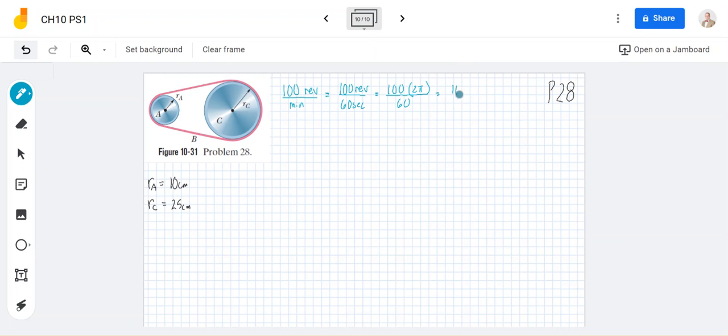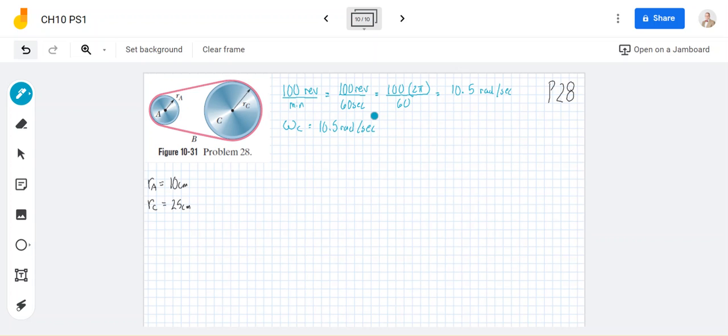And I got 10.47, let's call it 10.5 radians per second. So the 10.5 radians per second is the angular speed of wheel C. So this is omega C, 10.5 radians per second.